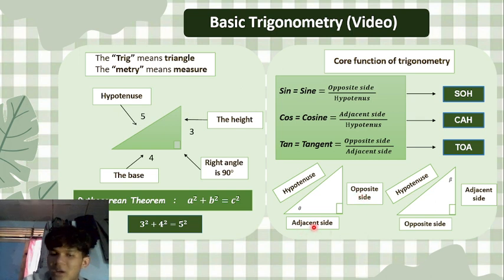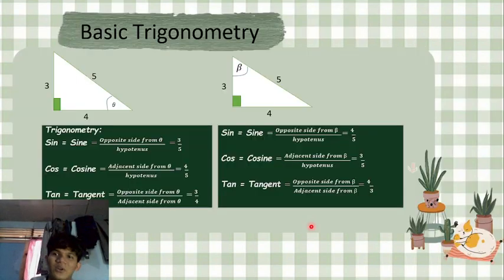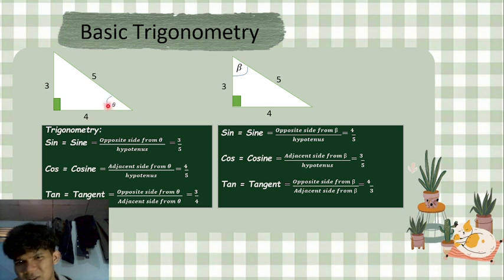Next one is if I have this right triangle and this corner is theta angle, with 3 in height, 4 in base, and 5 in hypotenuse. So sine theta is equal to opposite side from theta over hypotenuse, which is 3 over 5.